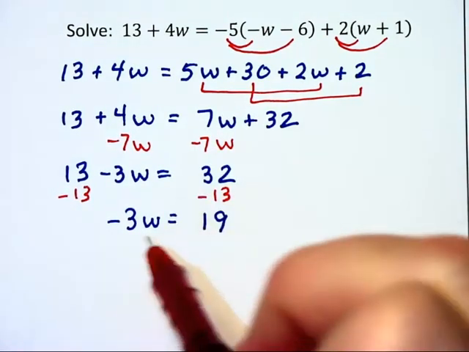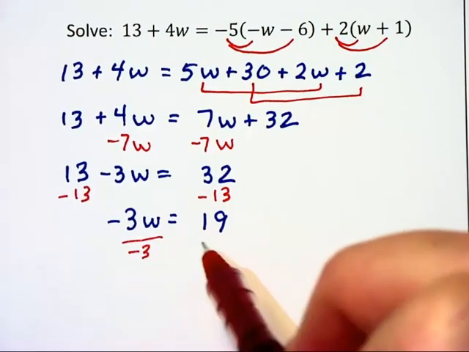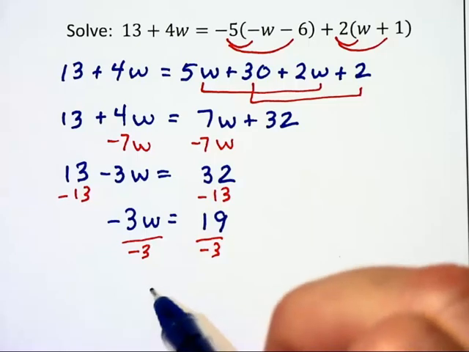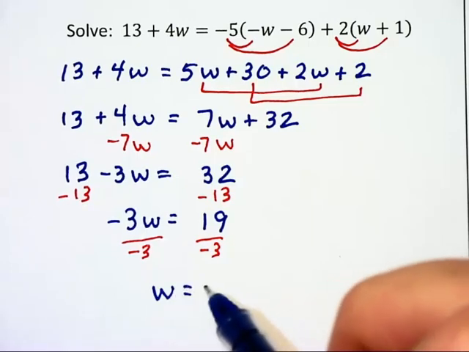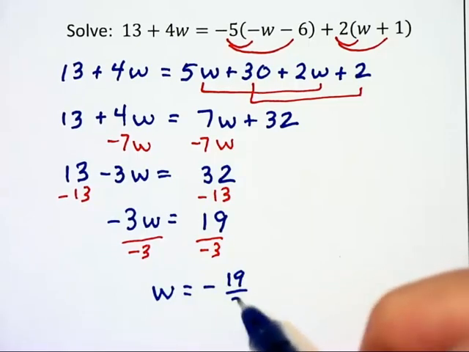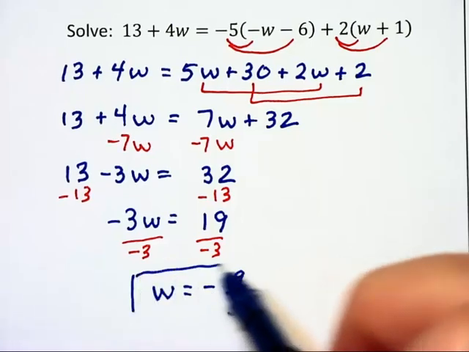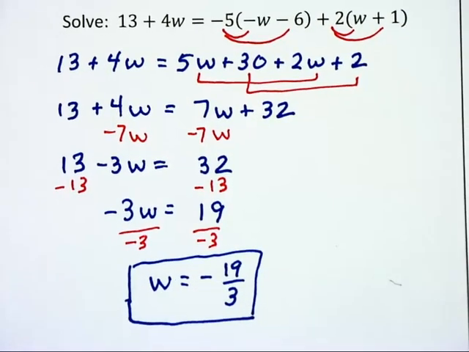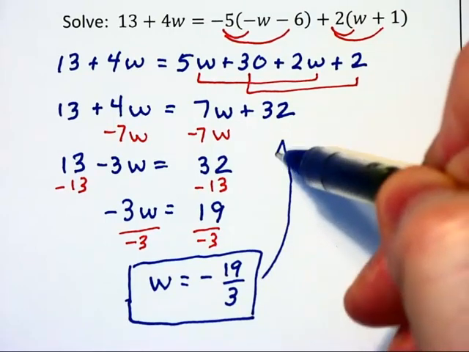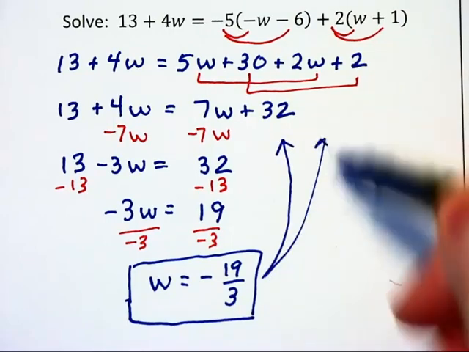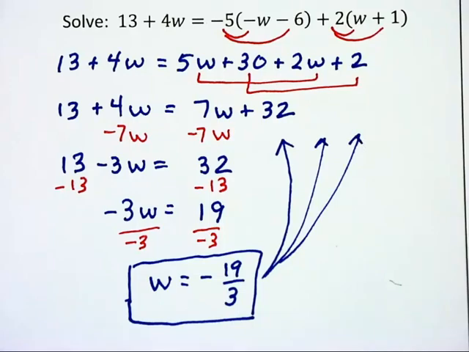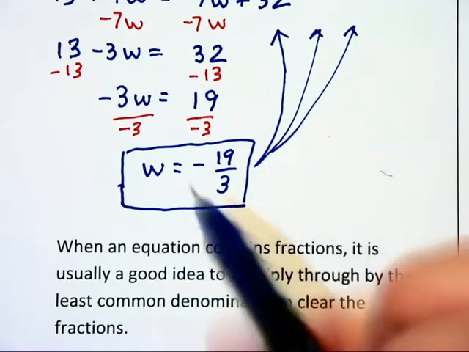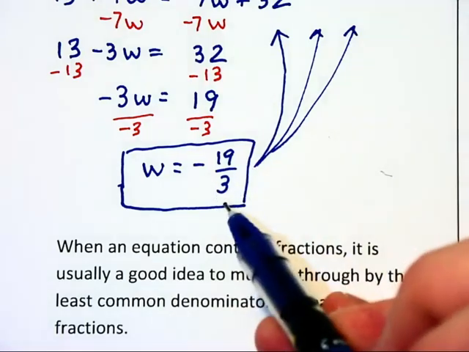And then we will divide each side by -3 to get the w by itself, and w is going to equal -19 thirds. And that is our solution, and if we want to, we can take that -19 thirds and substitute it in for each of the w's up above, but most of you probably do not want to do that. One quick note about these fractions: do not use a mixed number.